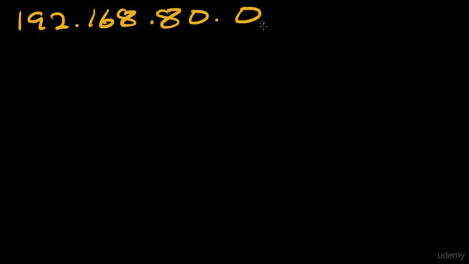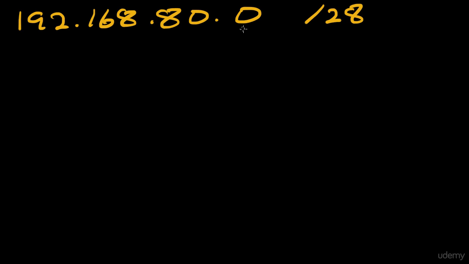What therefore would our subnets be? Well, we'll write out the first subnet, which would be the original network ID 192.168.80.0 with the new prefix of /28. This network ID is the one where the subnet bits are all 0.